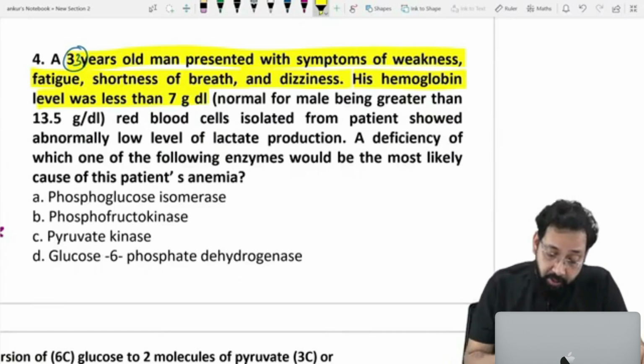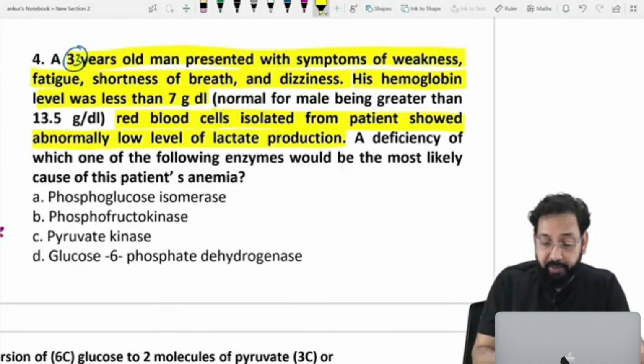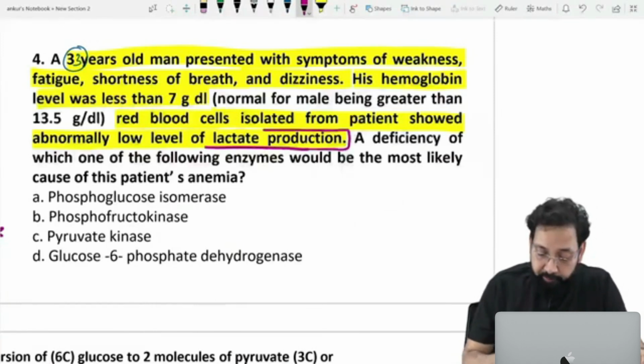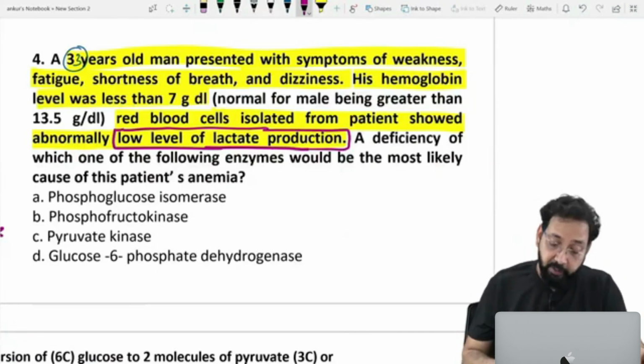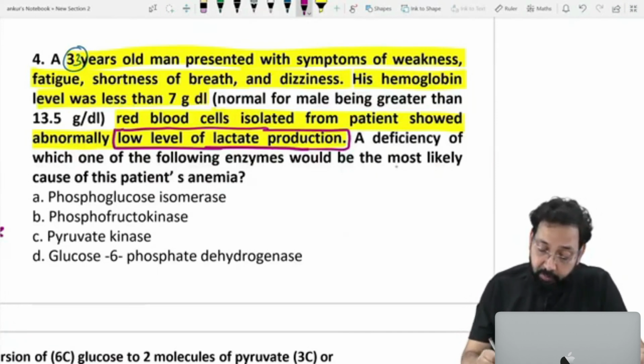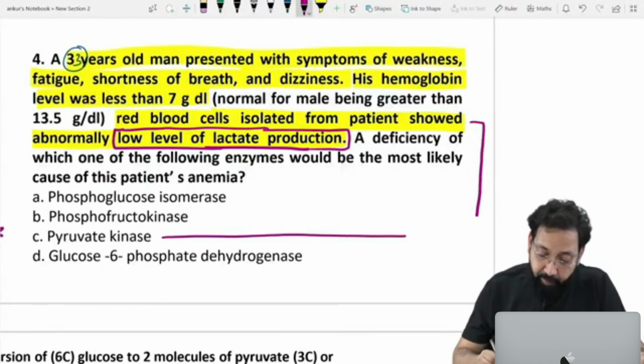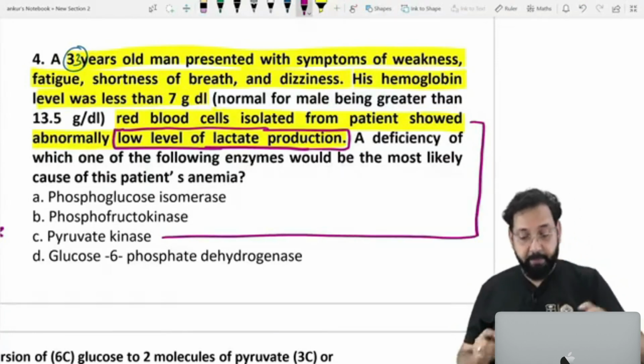Red blood cells isolated from the patient show abnormally low level of lactate production. Very good, you have given the correct answer, low level of lactate production. Deficiency of which of the following enzymes would be most likely to cause this? Yes, the answer is pyruvate kinase deficiency.